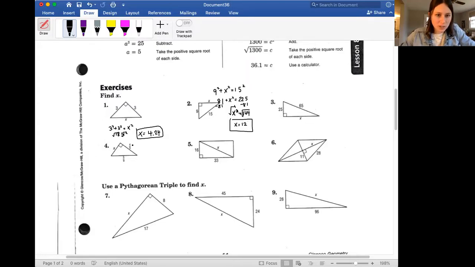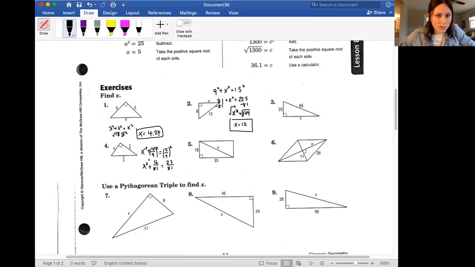Now let's take a look at number 4. We've got some fractions. I think it's 4/9 and 5/9. So same thing, let's plug it into an equation. x squared plus (4/9) squared equals (5/9) squared. When you are squaring a fraction, the square goes into the numerator and the denominator. So you square the numerator and the denominator, which means I have 16 over 81 and 25 over 81.